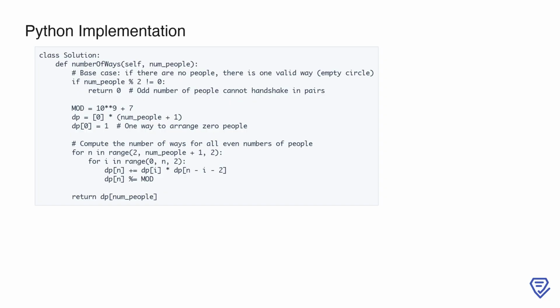To prevent overflow, the result is taken modulo mod at each step. 7. Finally, the function returns dp[number_people], which contains the answer for the given input. This approach efficiently computes the result in O(n squared) time complexity, leveraging the recursive structure of the Catalan numbers. The space complexity is O(n), due to the dp array.